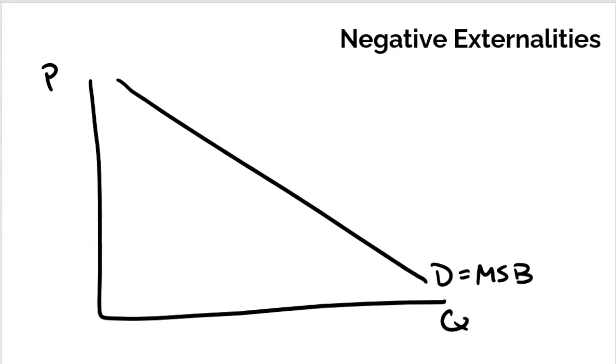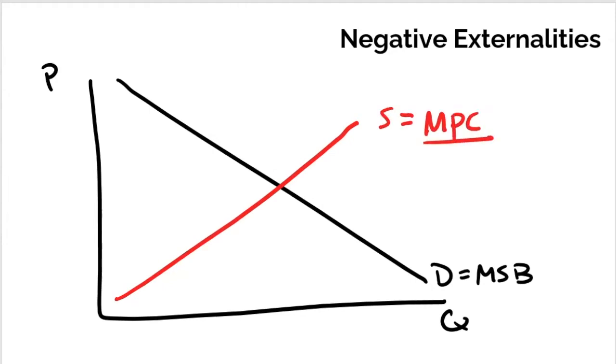And because of diminishing returns, our marginal social benefit, much like our demand curve, is downward sloping. The more you consume of something, the less satisfaction, the less benefit you receive. Upward sloping, we have our supply curve, which is our marginal private cost. So notice we haven't hit our marginal social cost yet. We're talking about the private cost here.